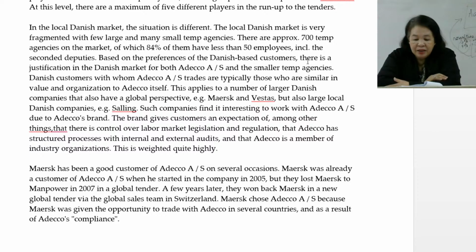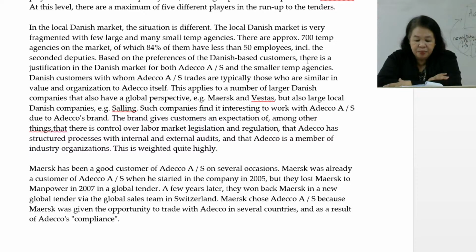Sa global market naman, mga malalaking players. Pero sa local market, ang daming maliliit na players. There are approximately 700 temp agencies on the market, of which 84% of them have less than 50 employees. So, maliliit nga lang sila. Kaya fragmented, no?